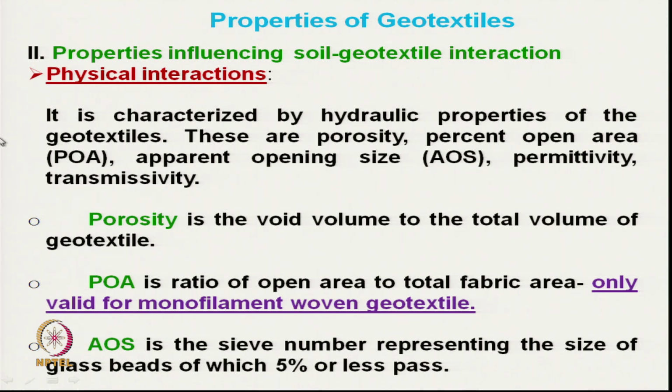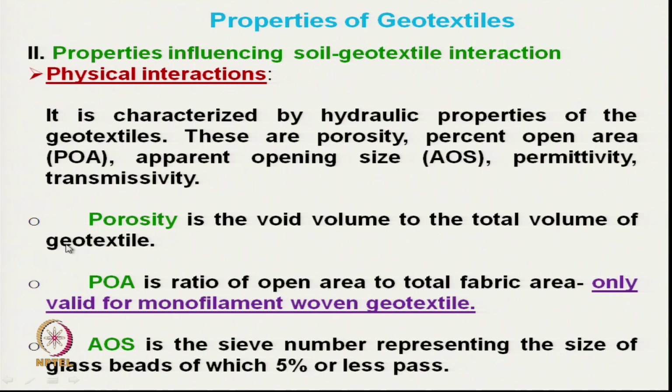These properties are important for application for a particular soil structure. So, if we know apparent opening size and percent open area, permittivity, transmissivity, we can use it for a particular application, particular soil condition.